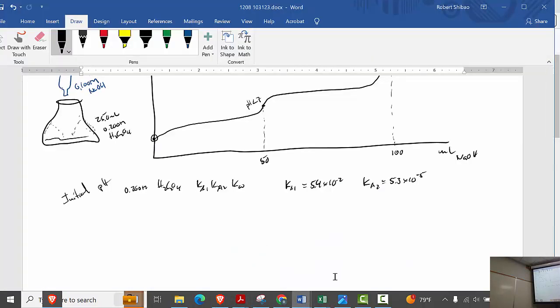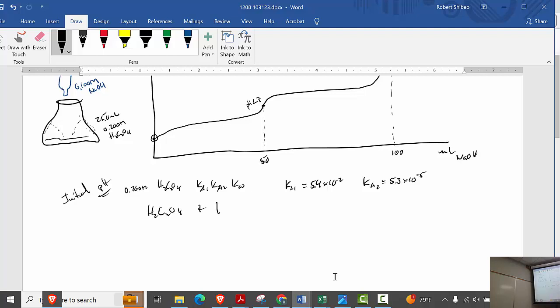So what do you think? I think just Ka1's enough. Ka2 is 3 orders of magnitude smaller. And because of the common ion effect, it's not going to be so significant. And so if we want just the pH, I think Ka1 will do it. And so let's go ahead and do that.